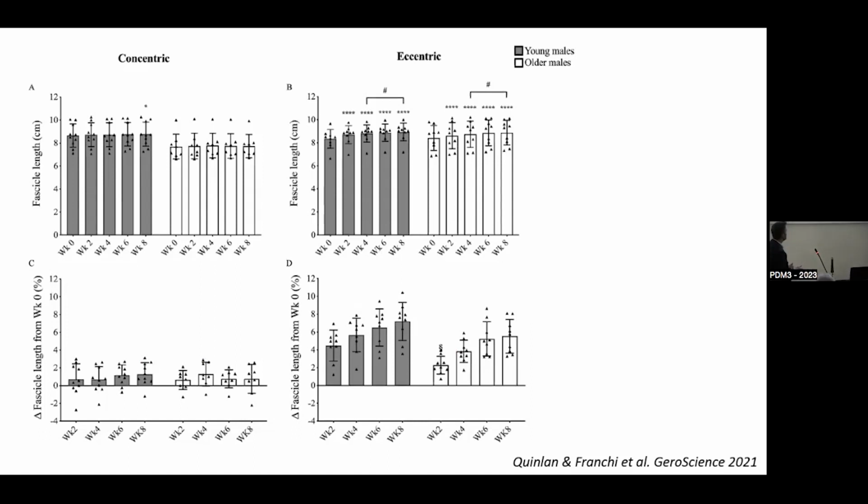If we look at the muscle architecture, we see once again that eccentric exercise promotes an increase in fascicle length, reflecting an addition of sarcomeres in series.